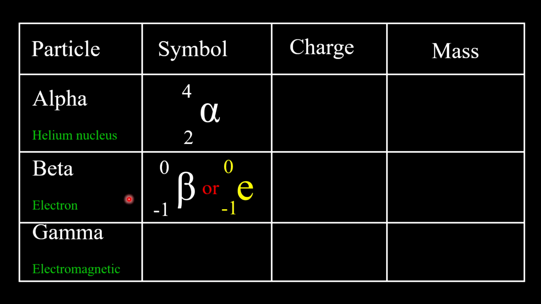So the mass is taken to be 0 because the mass is so small compared to the proton and the neutron mass. Now, an electron is technically, if you think about it, a negative proton, right? It's a negative charge. That's an electron. And that's why the proton number is -1.